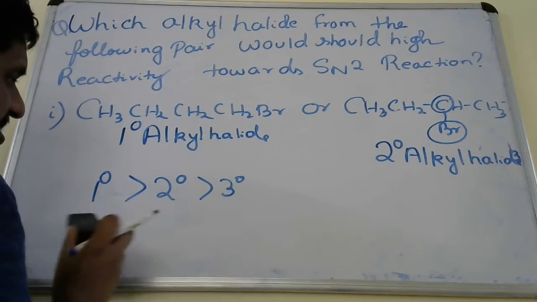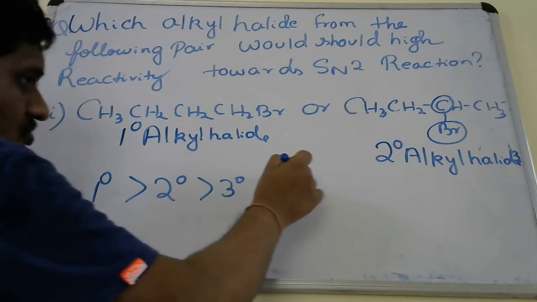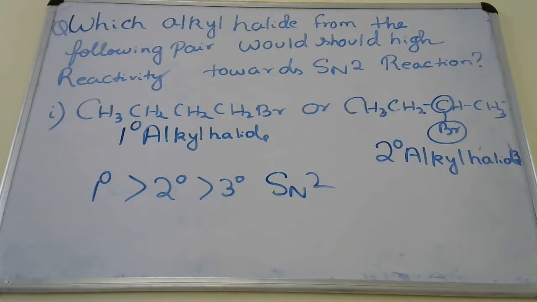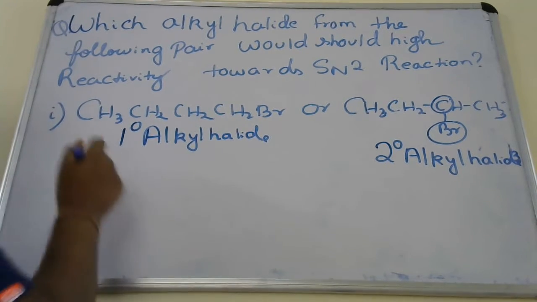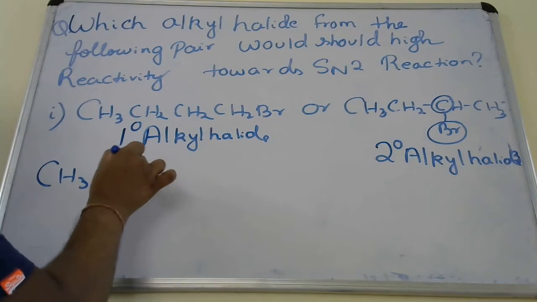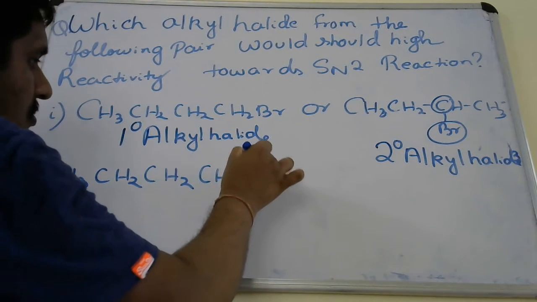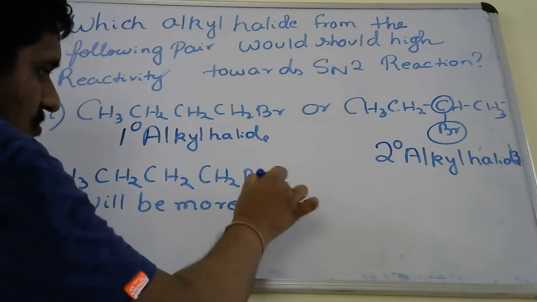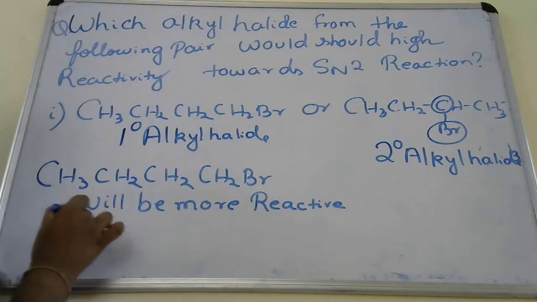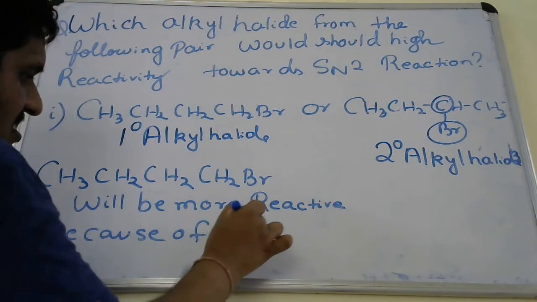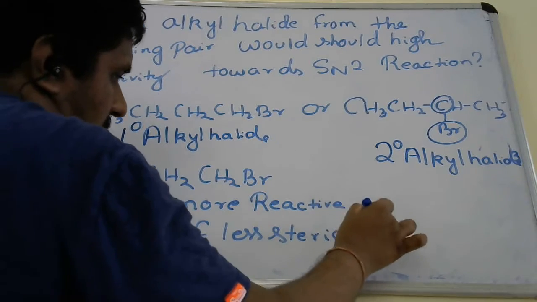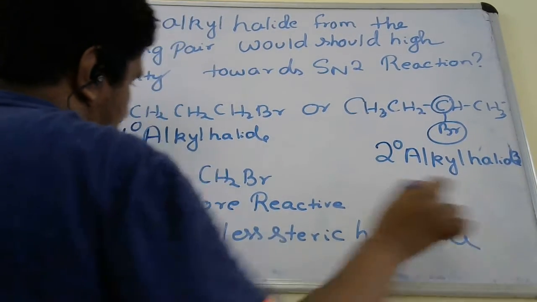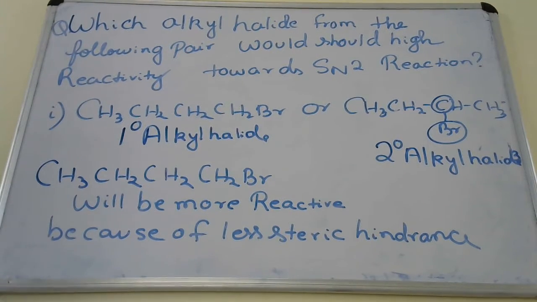So the answer is the 1 degree alkyl halide will be more reactive, because of less steric hindrance, towards SN2.